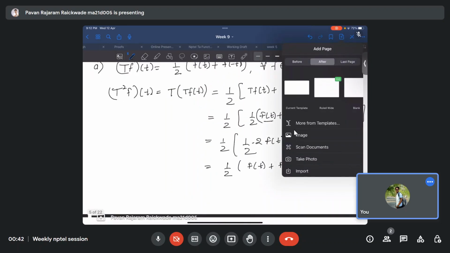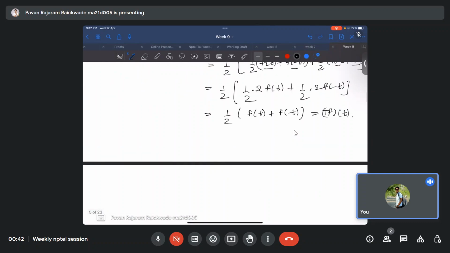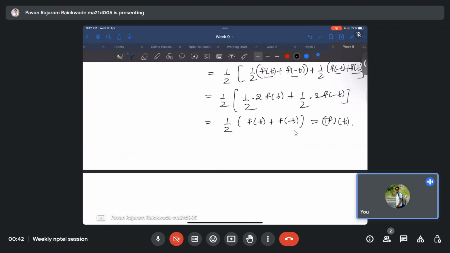Now let's check the second one. We have to check whether T star equals T. Let's see the inner product of Tf and g, for any element g belonging to L2 minus pi pi.